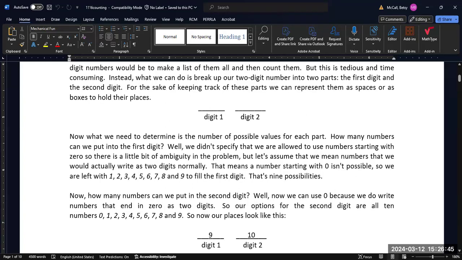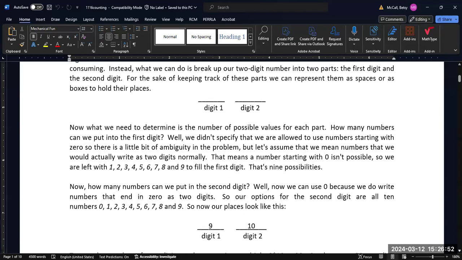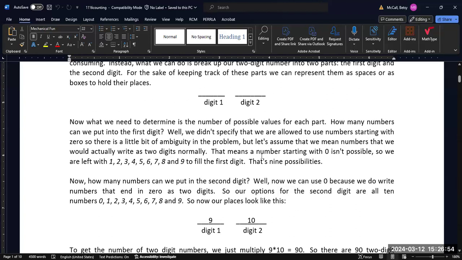Now, if we're trying to calculate a two-digit number, how many numbers can we specify in each spot? If we allow 0 to be a possible initial value, then we would have 10 total digits in digit 1. But in some systems, you can't specify 01 as a two-digit number.